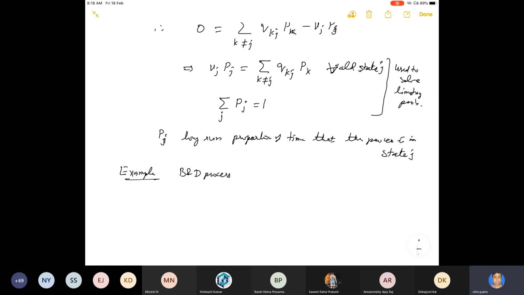So we know that for the birth and death process, we have states n and 0.